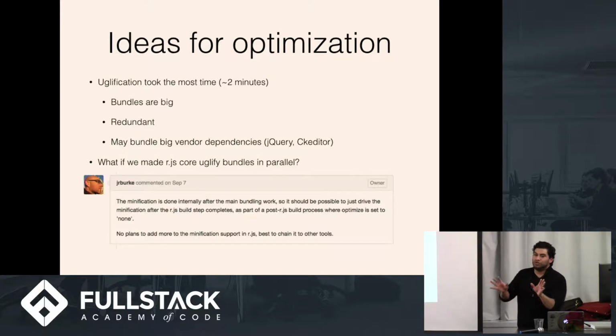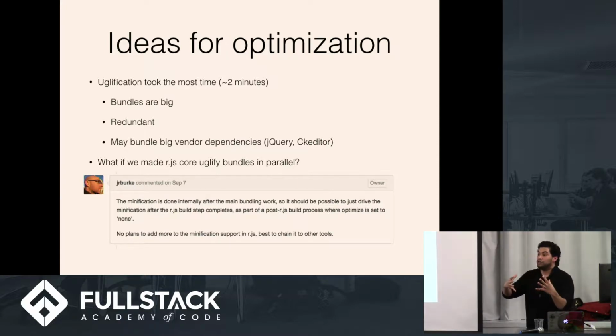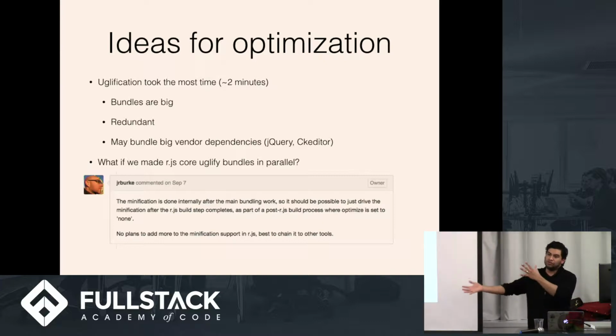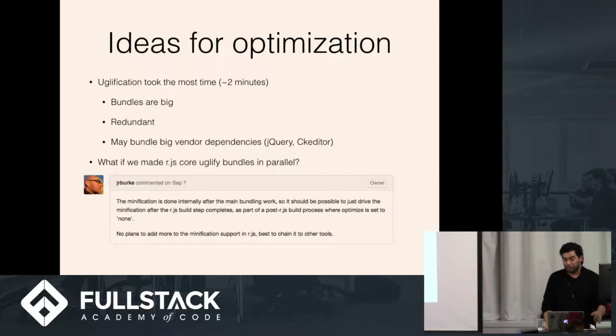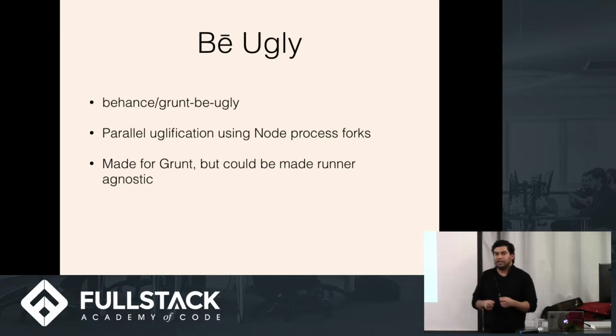I only want you to do the dependency tree tracing and the bundle concatenation. That's all I want you to do. And so, rightfully so, it was, well, build your own tool and then just pipe those bundles into your own uglification process. So we created a tool called BeUgly. And BeUgly parallelizes the process.